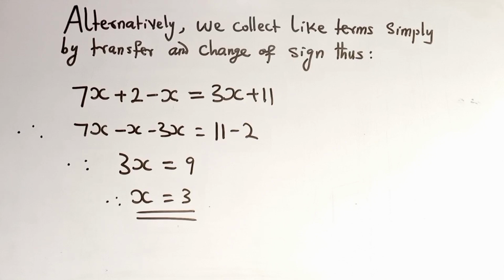It is faster, but teachers are concerned as to whether students know why these steps are taken as quickly as they have been taken here. Use the first method to know, and this second method, you can apply it during exams and during real life challenges in equations. Again, apply this wherever you want to collect like terms. Just transfer and change the sign.